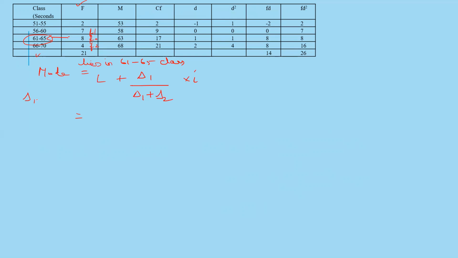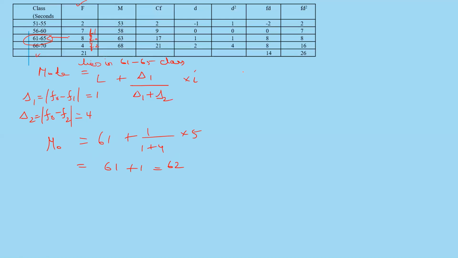So delta 1 is the determinant of f0 minus f1, that is equal to 1. And delta 2 is the determinant of f0 minus f2, that is equal to 4. So once we have these values, let us calculate mode. So mode is going to be 61 plus 1 divided by 1 plus 4, into I. So when you solve this, you get 62.